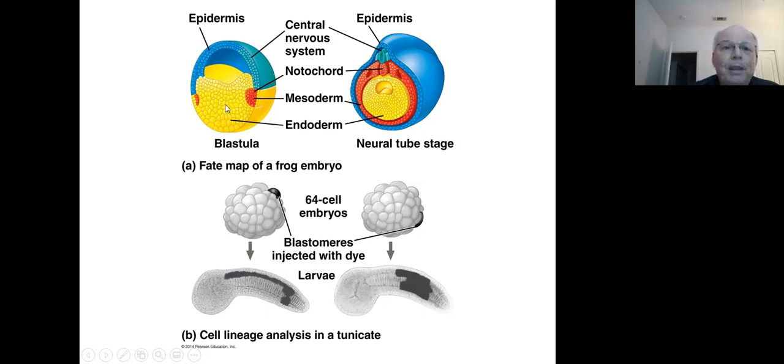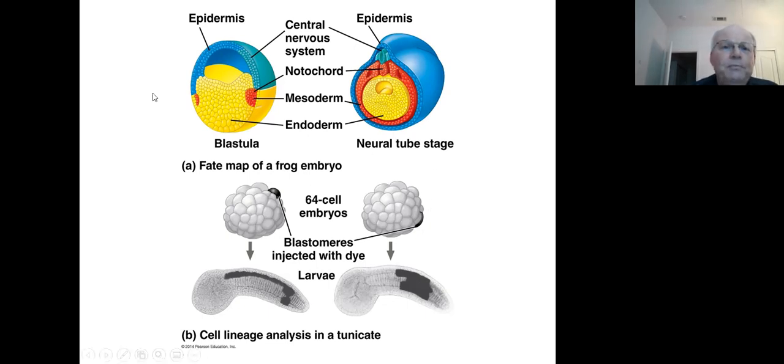Endoderm in the early gastrula, endoderm in early organogenesis, ectoderm in early gastrulation, ectoderm in early organogenesis. This is based on some of this early work done by Spemann.